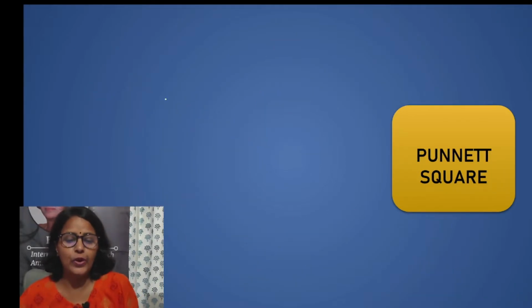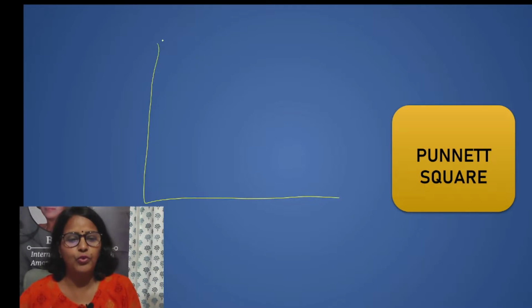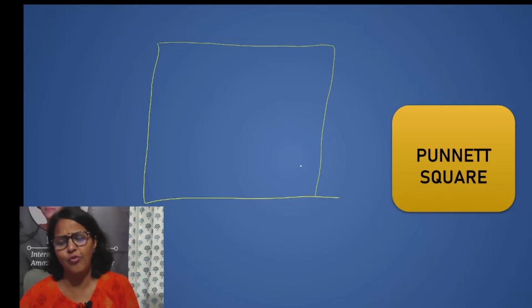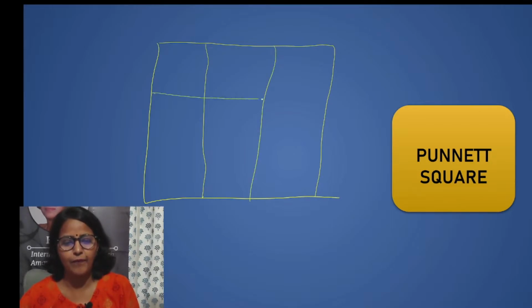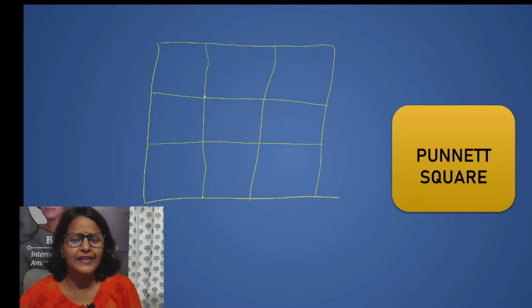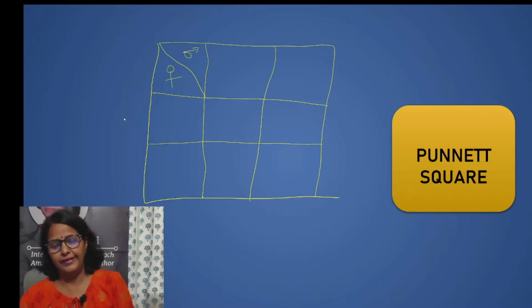Next is Punnett square. Punnett square is expression of a cross in the form of a square. On one side, we write all the male gametes, on the other side we write all the female gametes.